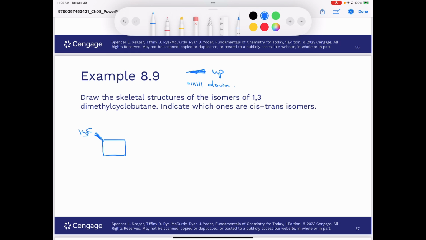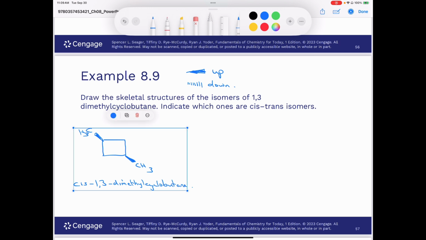So if I have one methyl group going up like this and one going up like this, that would be cis 1,3-dimethylcyclobutane.